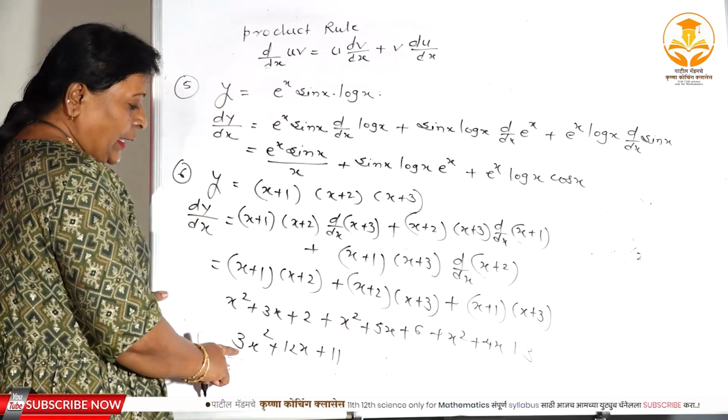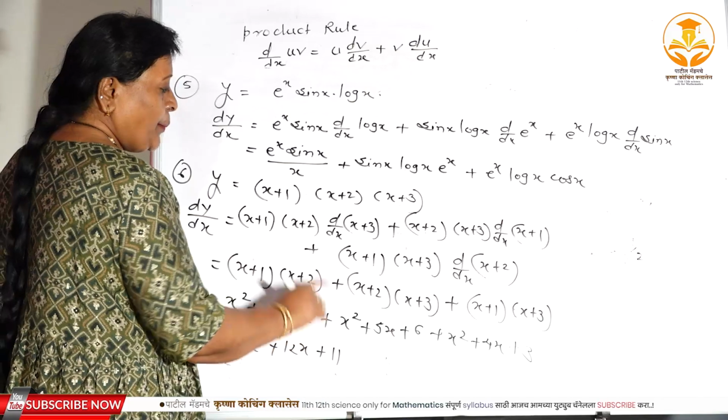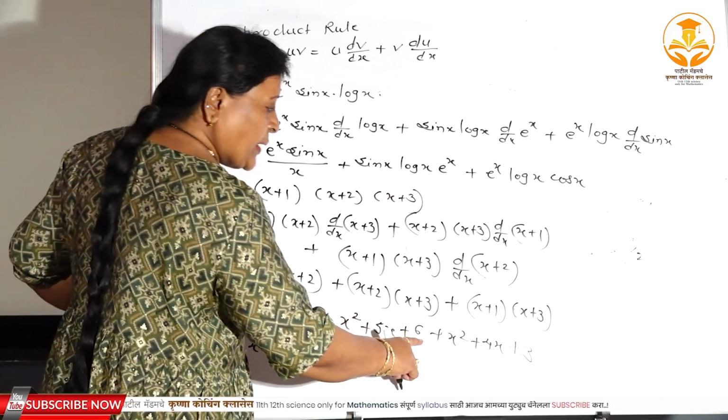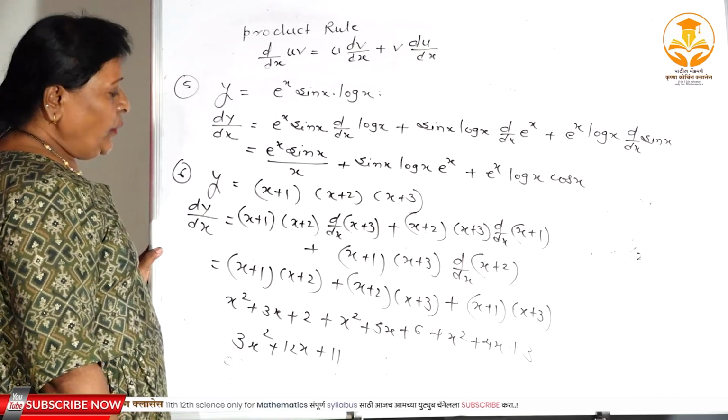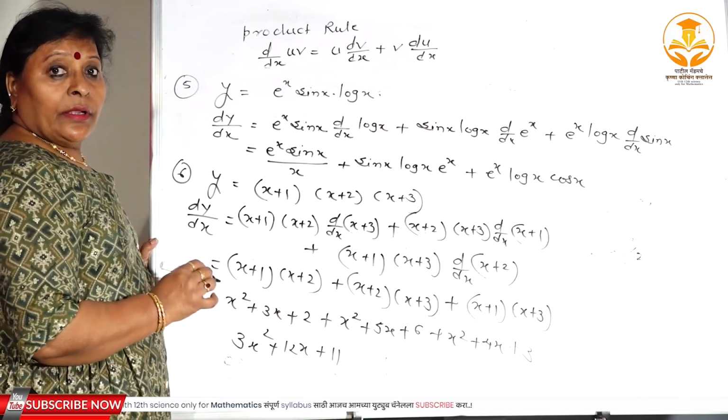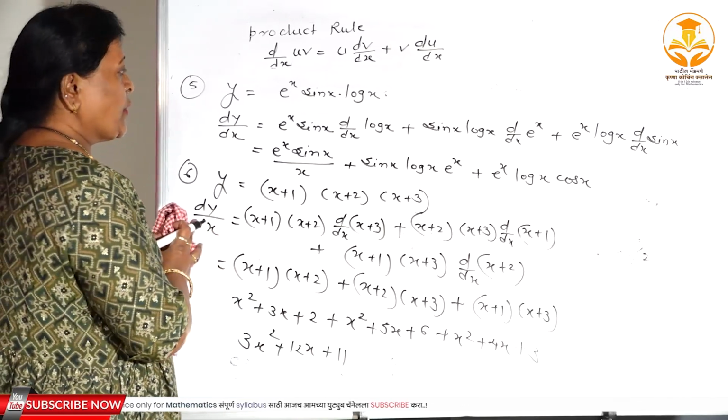Therefore the result is 3x square plus 12x plus 11, isn't it? 6 plus 3, that is equal to 9, and 9 plus 2, that is equal to 11. In this way you can apply the multiplication rule, right?